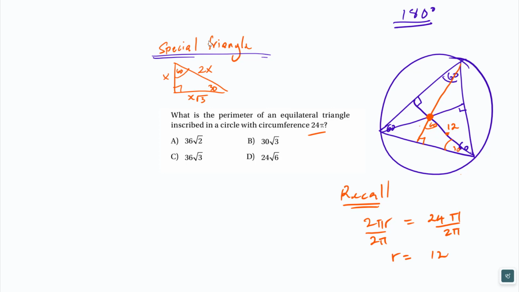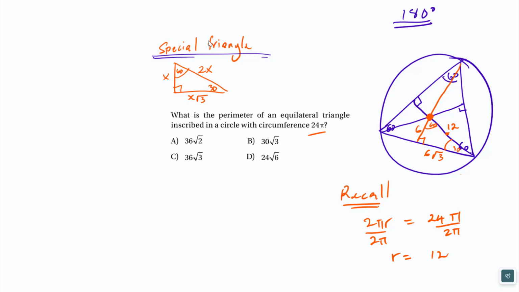So if my hypotenuse is 12, the side facing 30 must be equal to 6. And if the side facing my 30 is 6, the side facing my 60 is going to be 6 square root of 3.